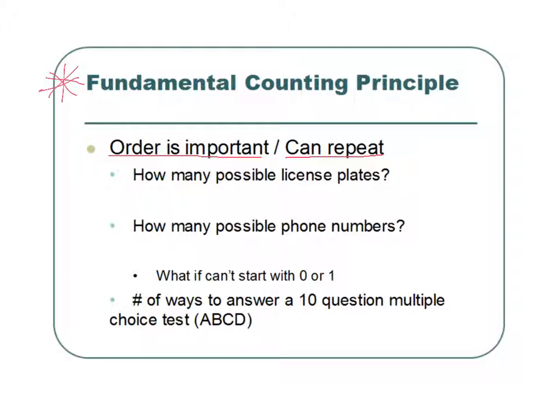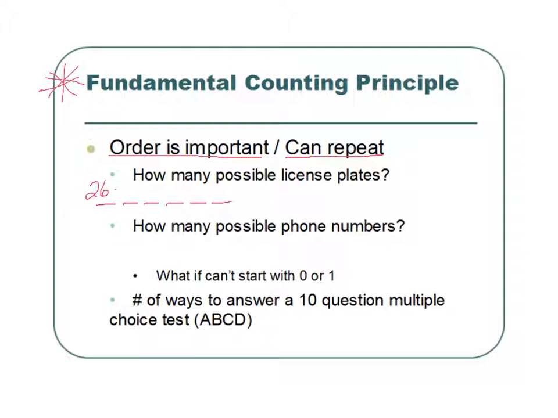For example, if you're trying to figure out how many different license plates are possible, I usually do my fundamental counting principle with some dashes, and I would look at it: okay, I can have 3 letters, 1, 2, 3 letters, followed by 3 numbers. And then I fill in the blanks with how many options there are. So how many letters can I use? Well, there's 26.